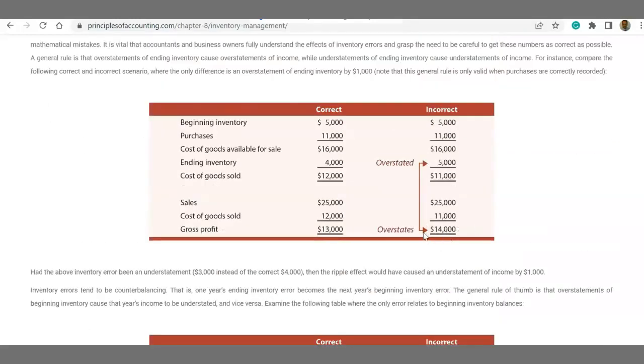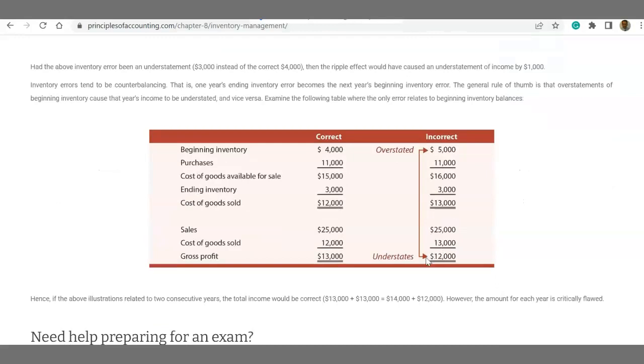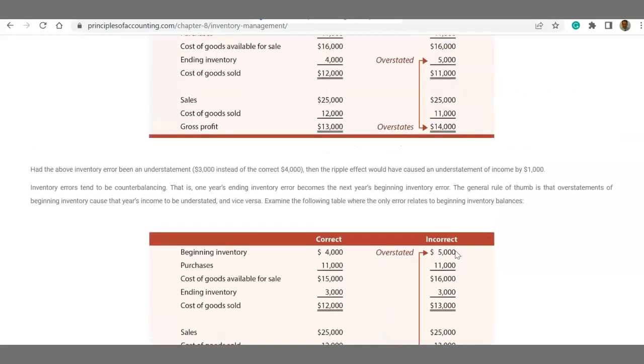Remember, in chapters 1, 2, 3, 4, we learned that profit, net income, goes into retained earnings eventually, right? So here, your retained earnings eventually will be overstated by $1,000. However, because now profit is understated by $1,000, your retained earnings will come back to the normal, correct balance.